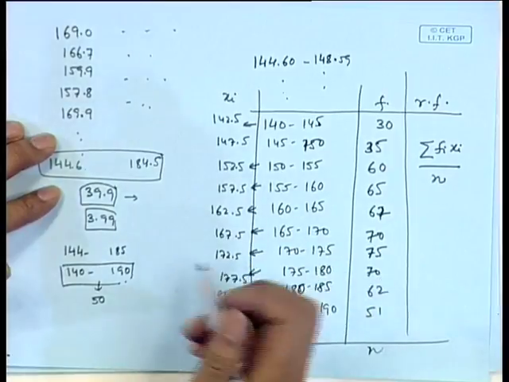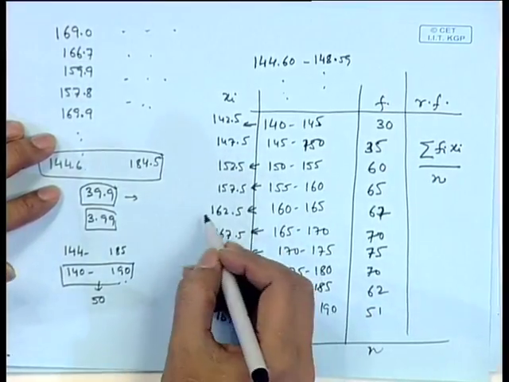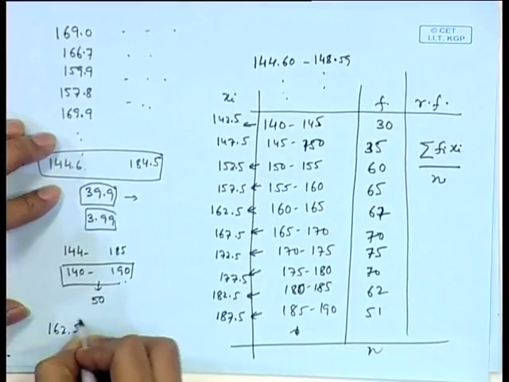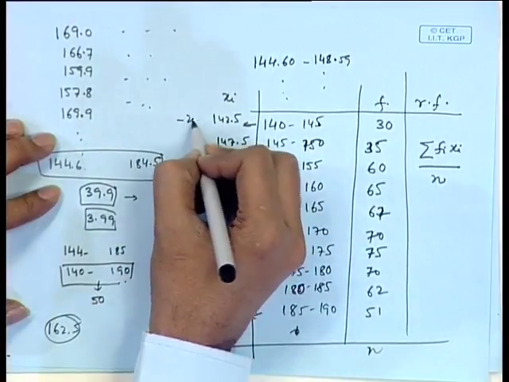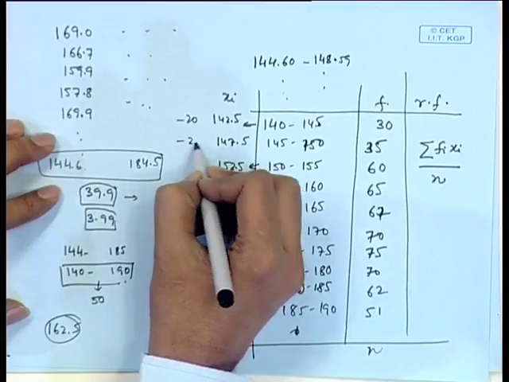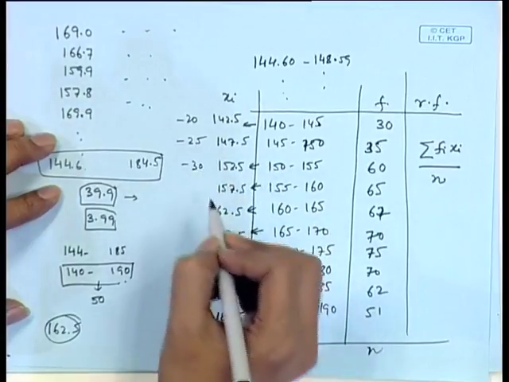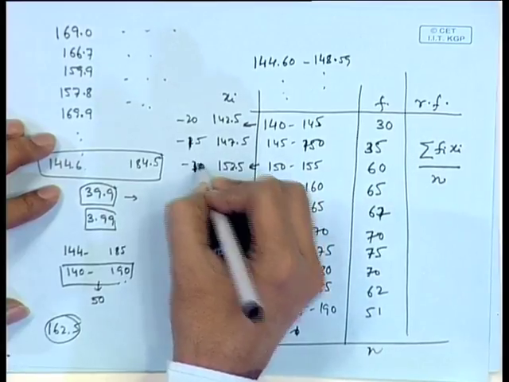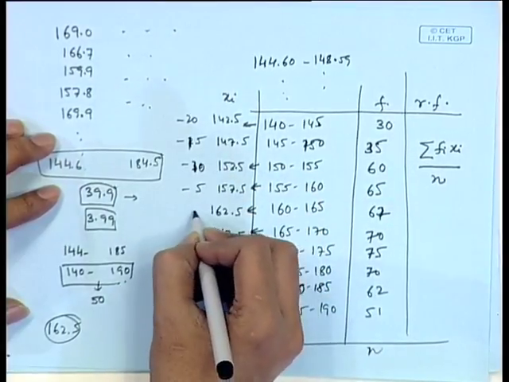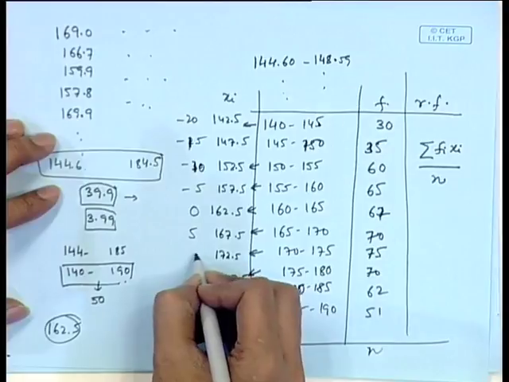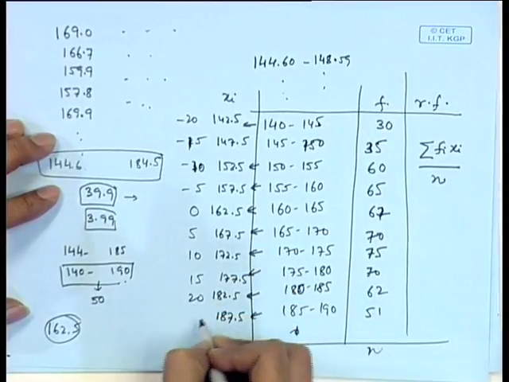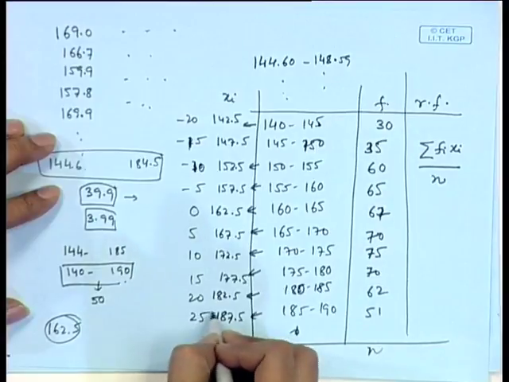What we can do is, suppose we shift all the values by 162.5, then this will be minus 20, this minus 25, minus 30, this will be minus 15, minus 10, minus 5, 0, 5, 10, 15, 20, 25.